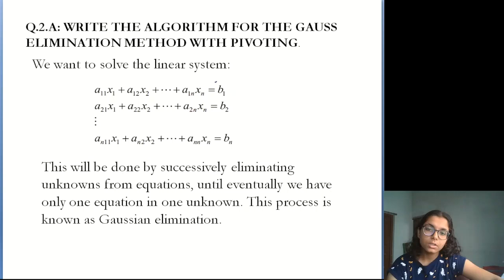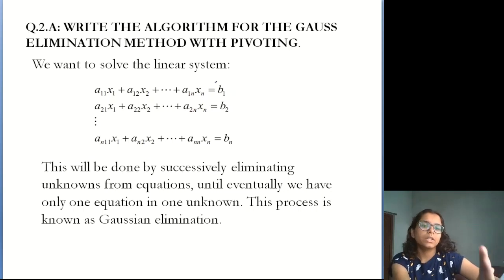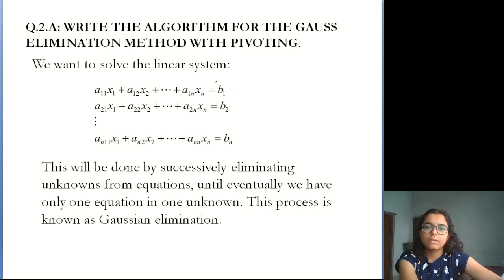To solve all these linear equations simultaneously, we would just use them as a matrix and convert them into a linear system so that we could gradually eliminate all the unknowns from the equations until we reach one equation with only one unknown.